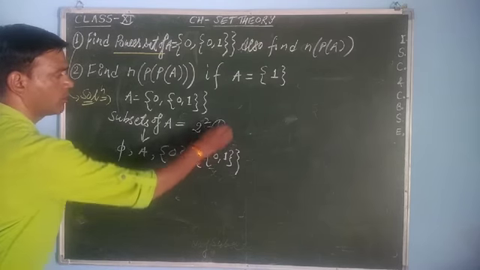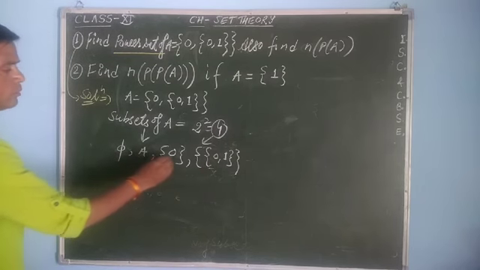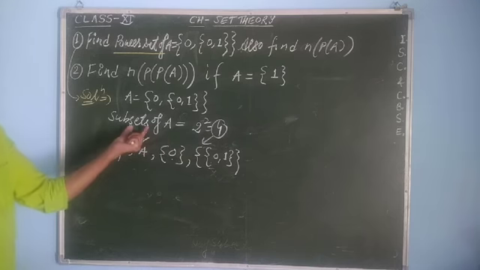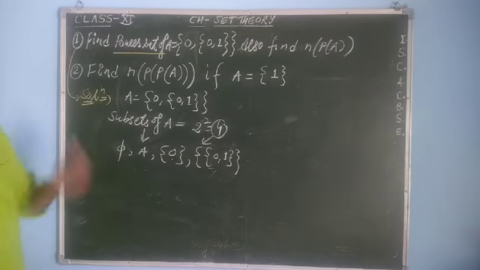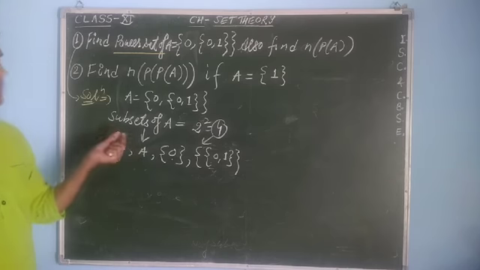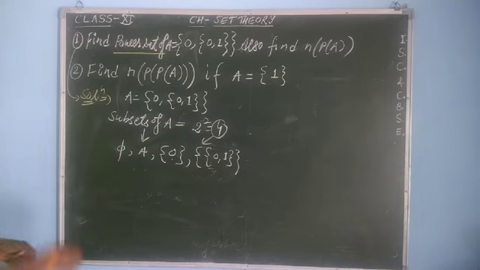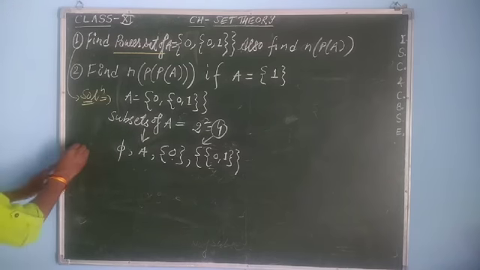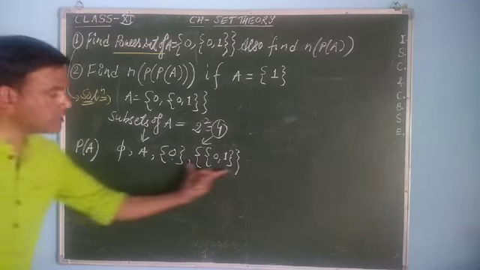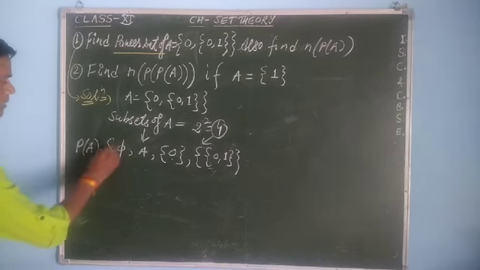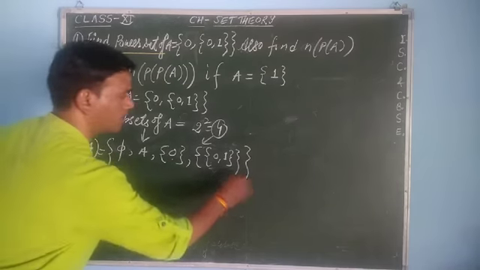Here the total number of subsets is 1, 2, 3, 4. 4 subsets are there, and the number of subsets of any set is the number of elements of its power set. So therefore the power set P(A) will be the set of all the subsets of this set. So we will put curly braces outside this.